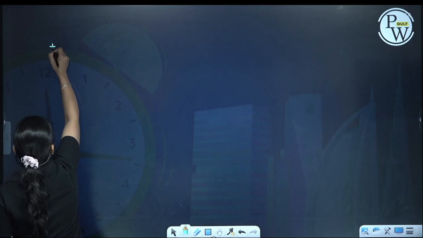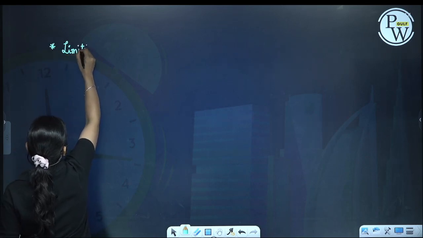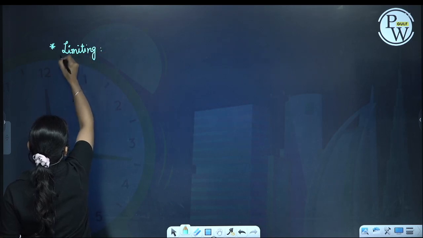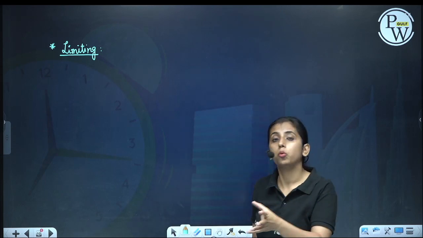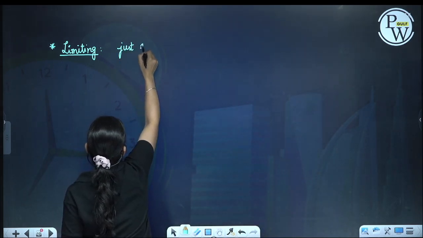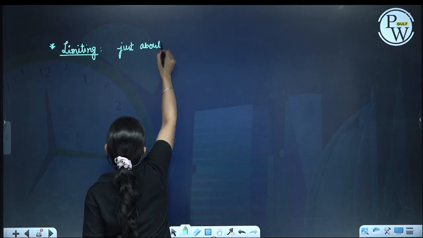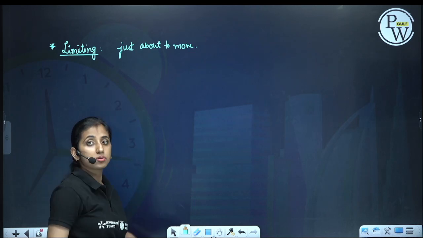There is one more type called limiting friction, when one body is just about to move over the surface of the other body.